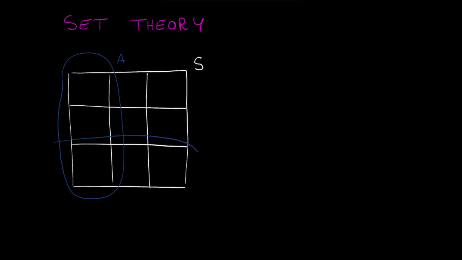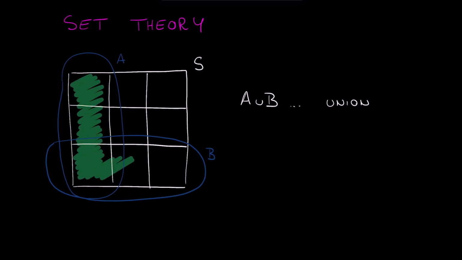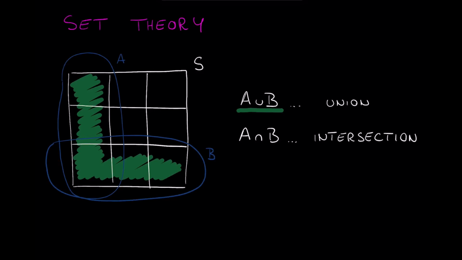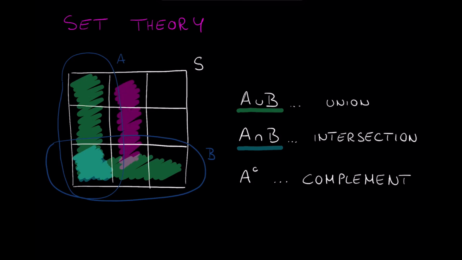We define 2 events, A and B. By using set operators, we can create new sets, such as the union of A and B. Another set operator we could use is the intersection. For a single set, it is possible to obtain everything that is not covered by the set itself using the complement. Here, the complement of A contains everything of our sample space that is not in A.